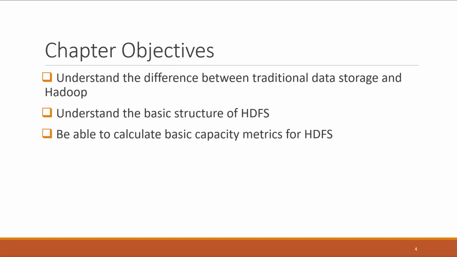So it's its own flavor. There are obviously a variety of different flavors of Hadoop out there. So this is the particular flavor that we're using, the one that's included with AWS. But the basic core and structure is pretty much all the same. And so HDFS is an important part of that.